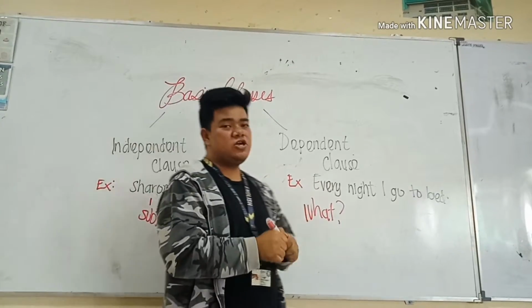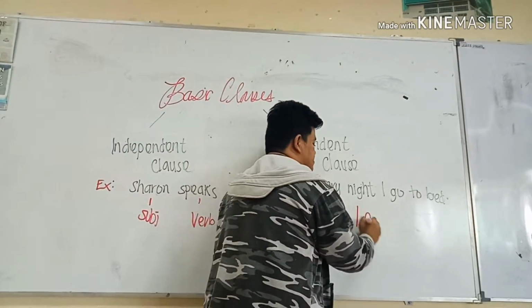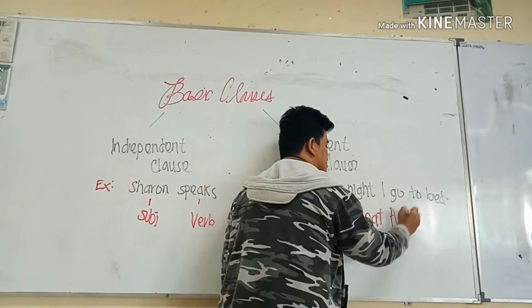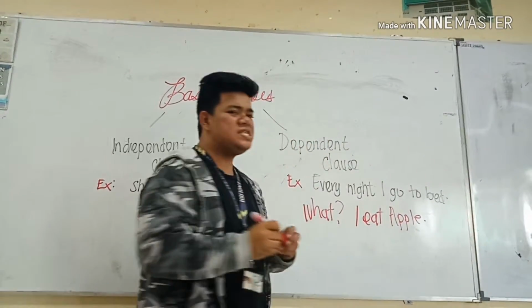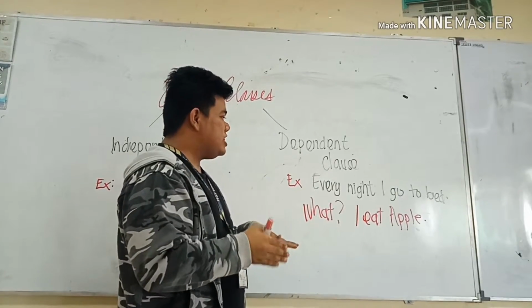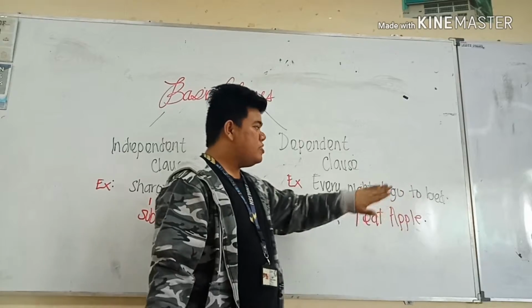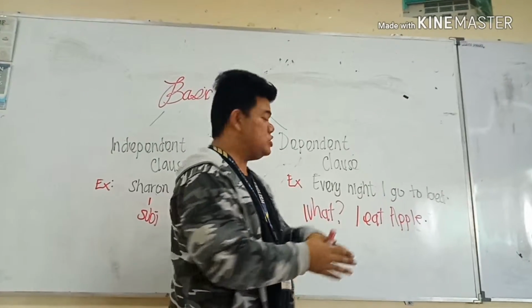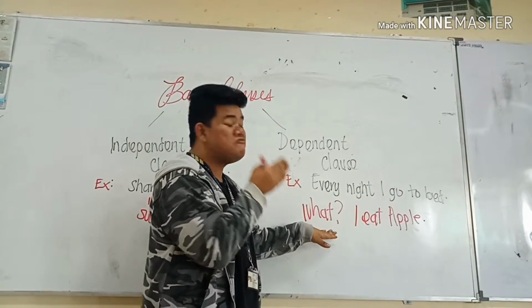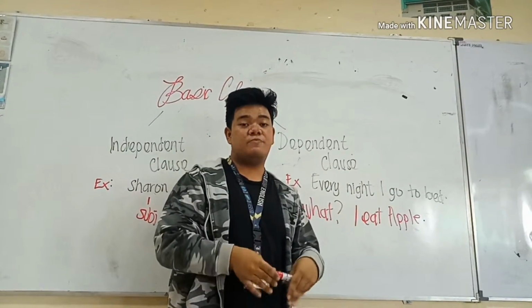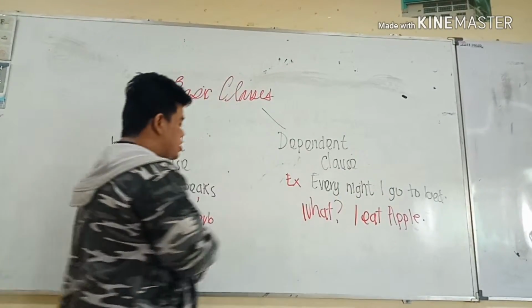So: every night I go to bed, I eat an apple. There is now a complete thought, and there is no question of what are you doing every night you go to bed. So this example becomes an independent clause.